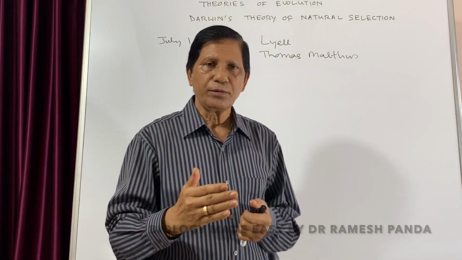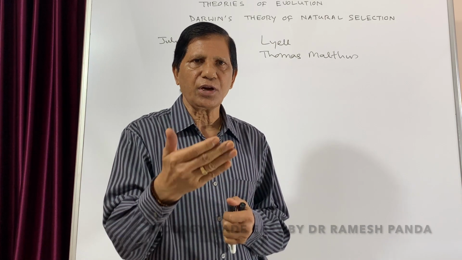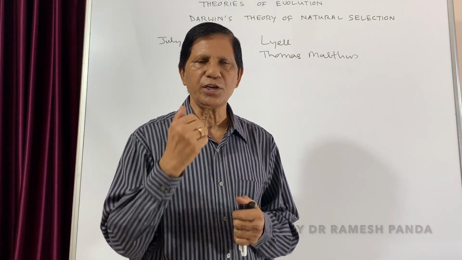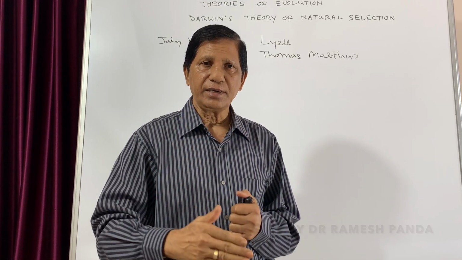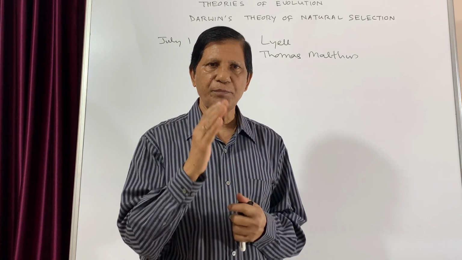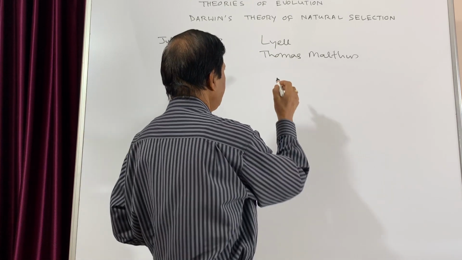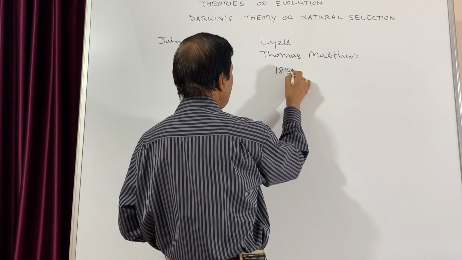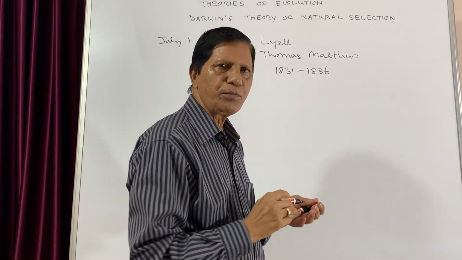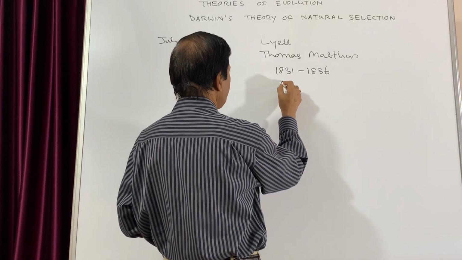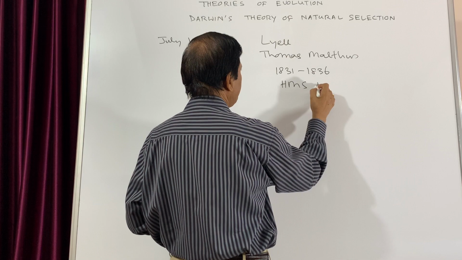Now, how did Charles Darwin come to the conclusion about the origin of species? He traveled around the world for a period of 5 years, between 1831 and 1836. For 5 years, he moved in a ship known as HMS Beagle.